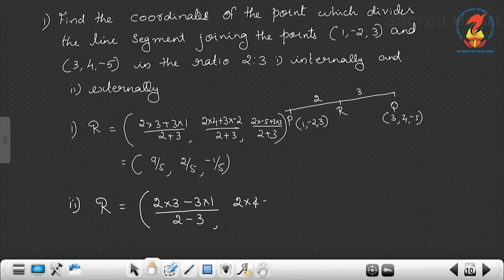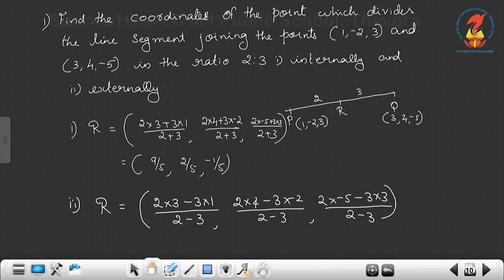Then 2 into 4 minus 3 into minus 2 by 2 minus 3. Then 2 into minus 5 minus 3 into 3 by 2 minus 3. So 2 3s are 6, 6 minus 3 is 3, 3 by minus 1 is minus 3; 8 plus 6, 14, 14 by minus 1 is minus 14; and minus 10 minus 9, that is minus 19, minus 19 by minus 1 is 19.